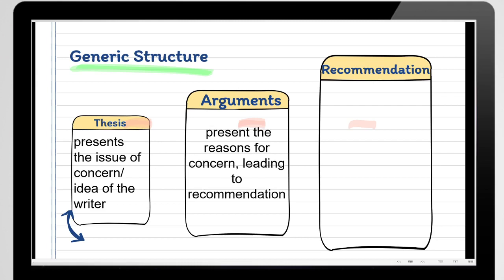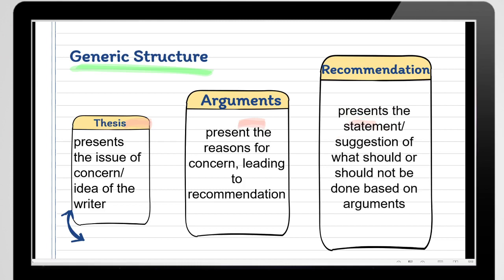So arguments is where the writer presents the reasons for concern, leading to recommendation. And then recommendation presents the statement or suggestion of what should or should not be done based on arguments. So we gotta have these three things in order to write hortatory exposition text. We will look at in details through examples later.